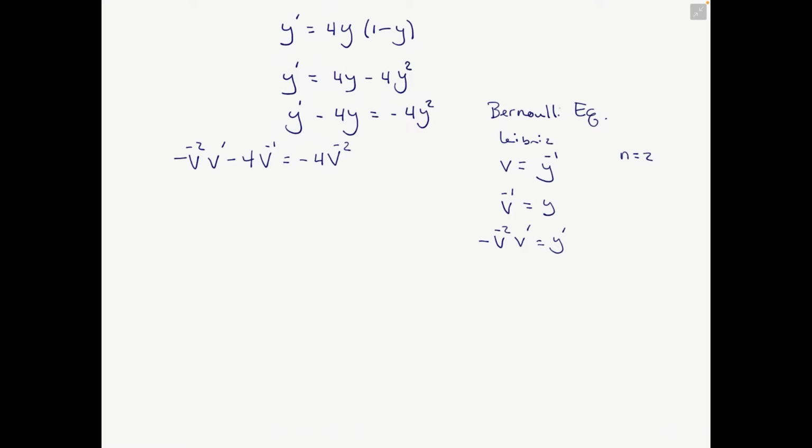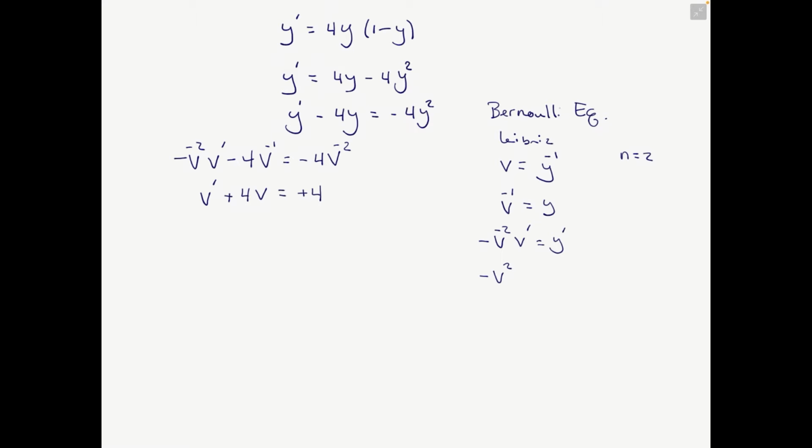And if we multiply through by minus v squared, we can make this a solvable equation. So we have v prime plus 4v equals plus 4, and yes, that goes to 0.